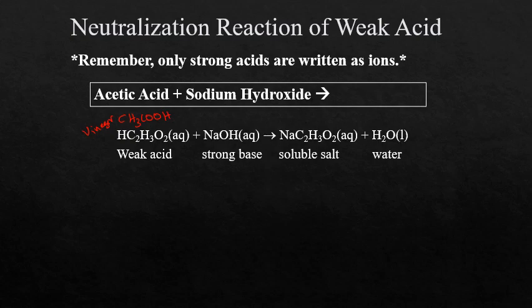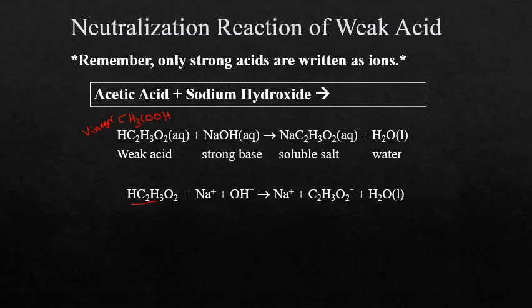So let's see how to write the complete ionic equation. We are not splitting the weak acid into ions because only strong acids can be split into ions. It's not going to completely ionize. That's why it is a weak acid.